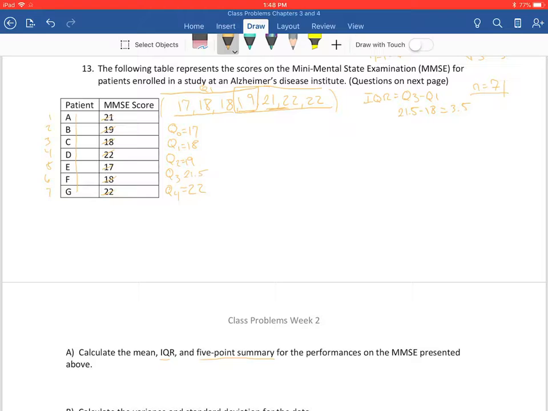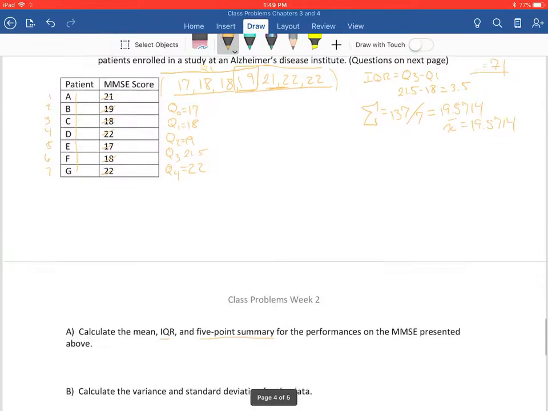The mean is adding up all the data points, so our sum is going to equal 137, divided by the total number of data points in the set, 7, which gives a value of 19.5714 as your x bar. So x bar equals 19.5714, the mean of the data set.